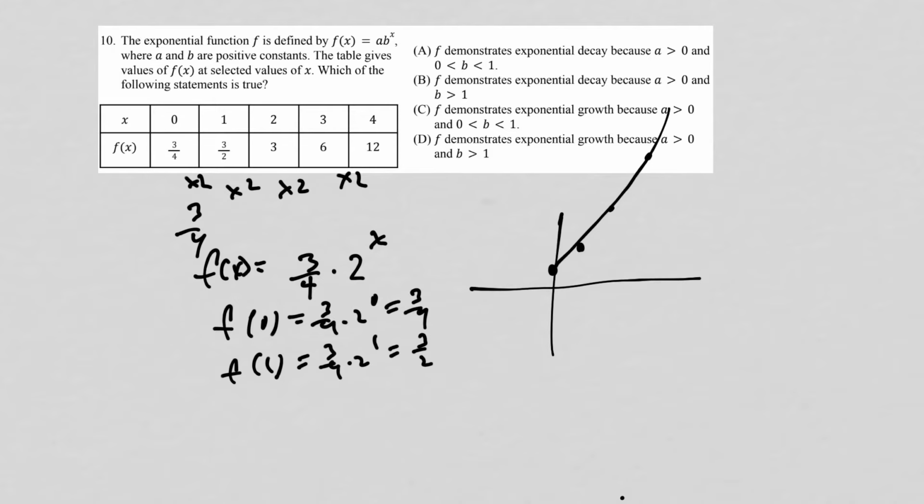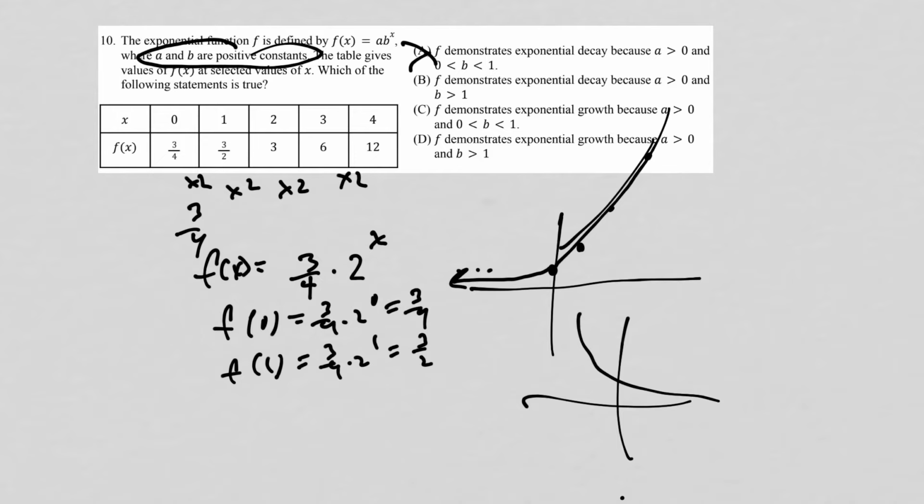It says a and b are positive constants, so we don't have to worry about what happens over here, although if you're wondering, that's usually what happens there. So does f demonstrate exponential decay? No, because it's going up. Exponential decay is when it looks like that. So it's not exponential decay, it's growth.